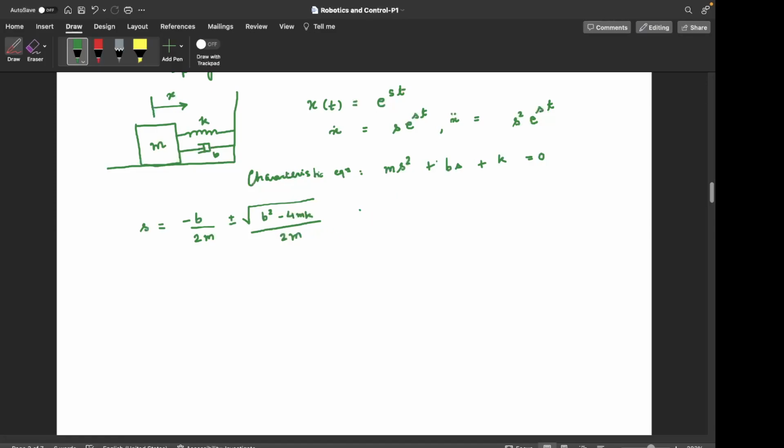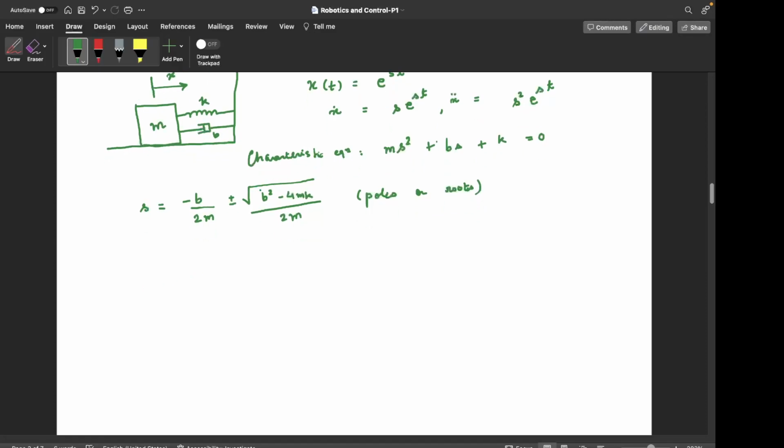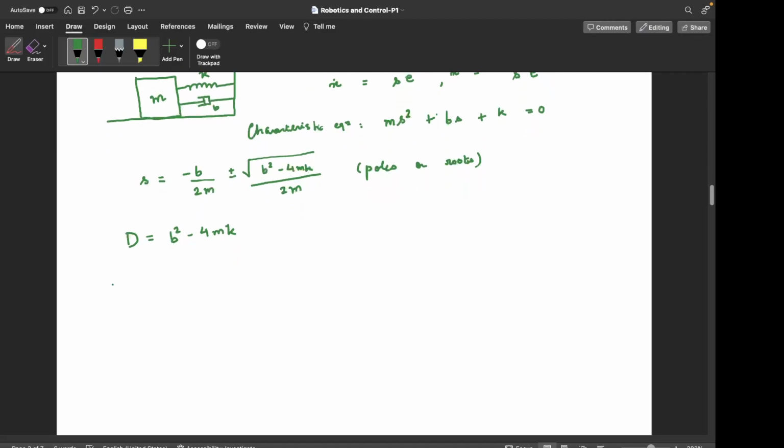And these are what are called poles, more formally poles or roots. Now, depending on what this quantity b square minus 4mk, the discriminant of the equation, is positive, negative, or 0, we have three cases, right?